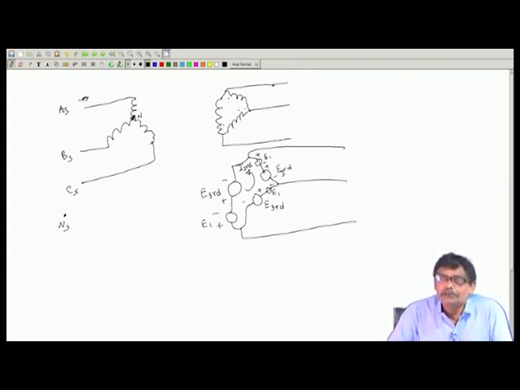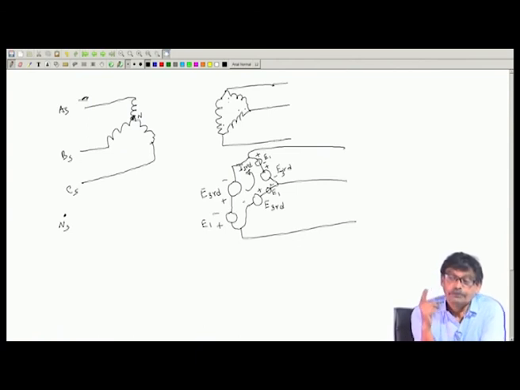It is not important that you pass the fundamental and third harmonic component of current through the same primary winding. It does not matter, because the coils are wound on the core, and net MMF decides what is the flux.